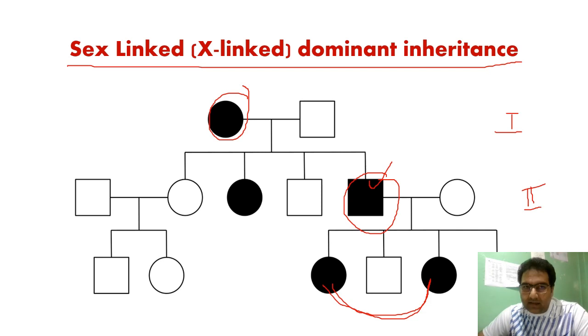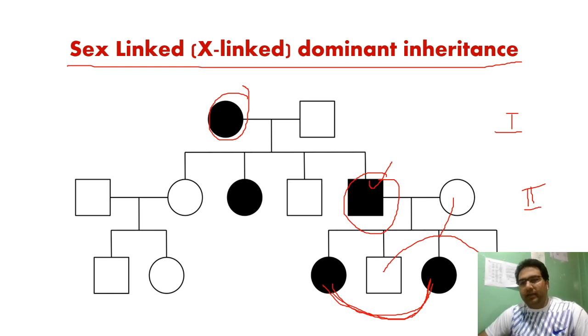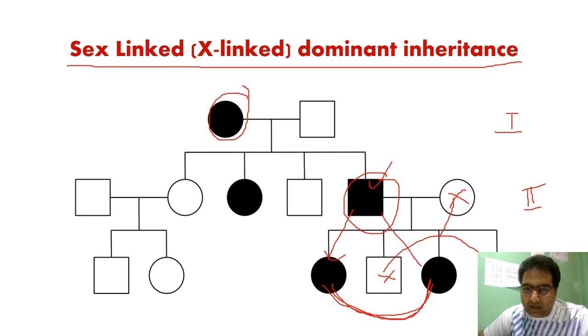In X-linked dominant inheritance, all the daughters born to such a father are affected, but no sons are affected, because sons get their X chromosome directly from the mother, whereas the daughters get their X chromosome from the father. That is why the daughters of affected fathers are affected, but no son is affected.